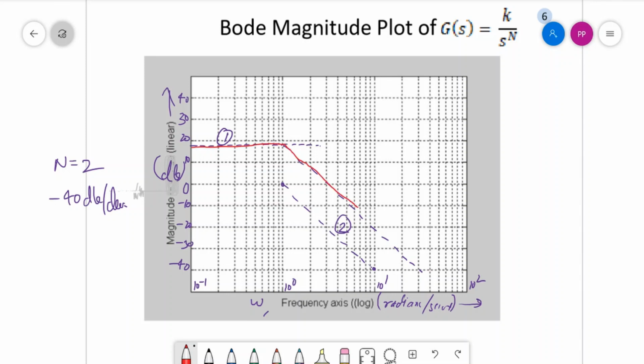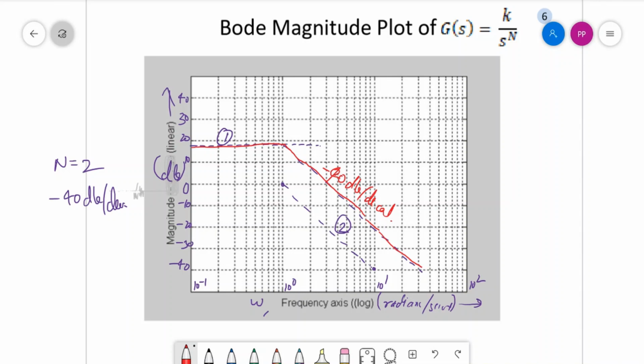This is also asymptotic, but because both are exact plots, this asymptote is exactly the plot itself. So in this case I can say that this has a slope of minus 40 decibels per decade. That is how you can plot the magnitude Bode plot.